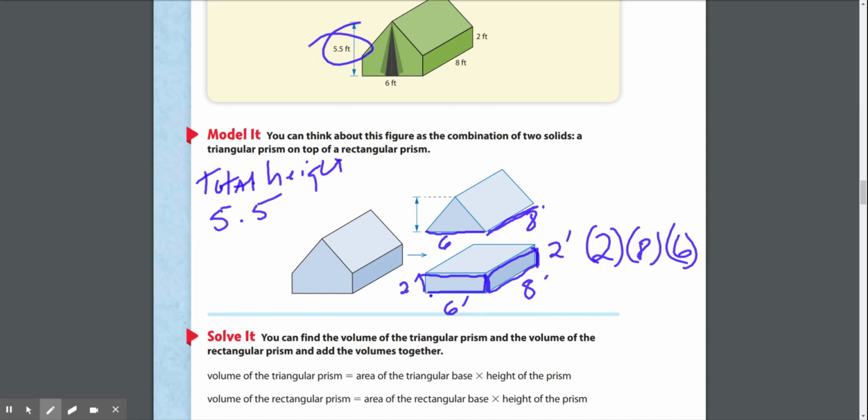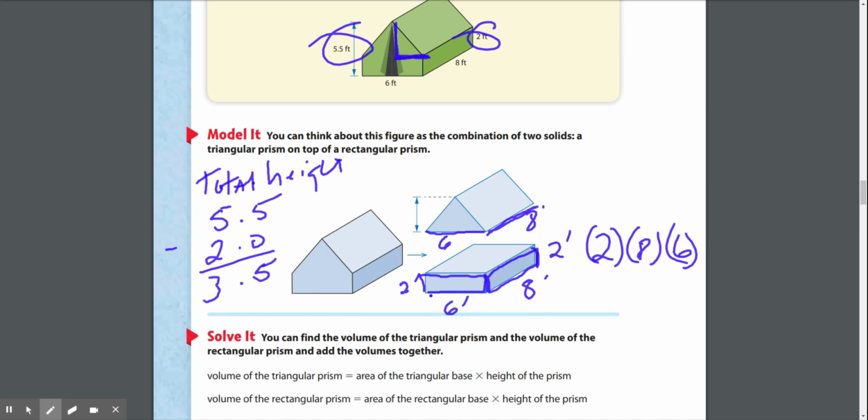And the height of the rectangular prism is 2 feet. So we need from the top of the triangular prism to the top of the rectangular prism. So we're going to subtract that 2 feet, and we're going to end up with, let's see, 5.5 minus 2 is going to be 3.5.